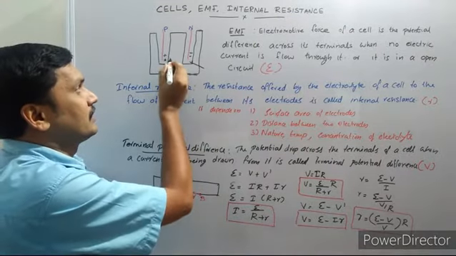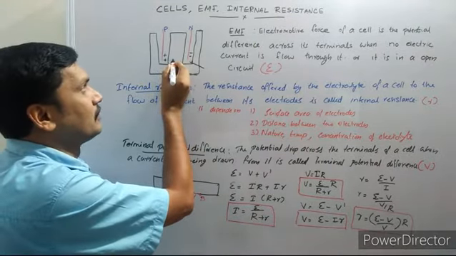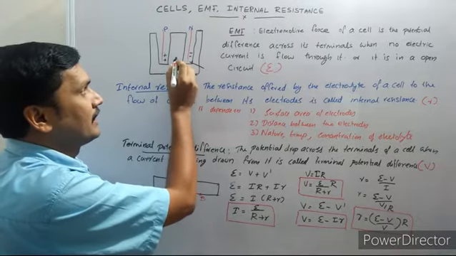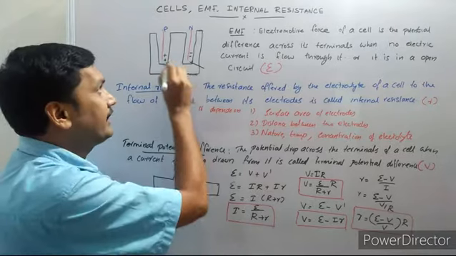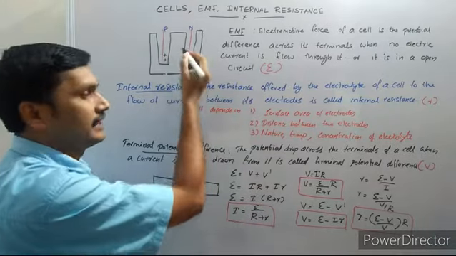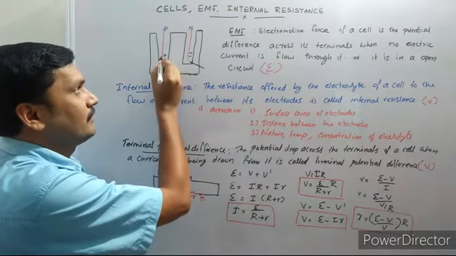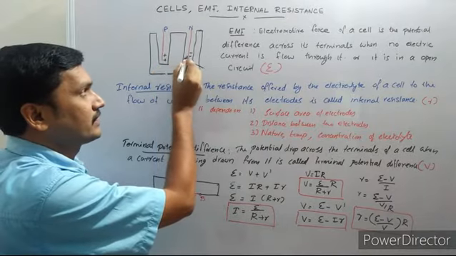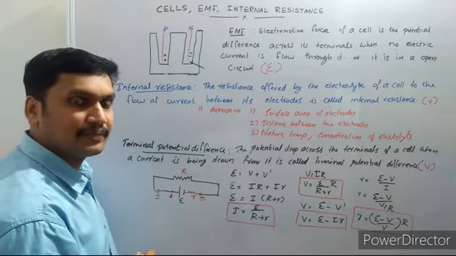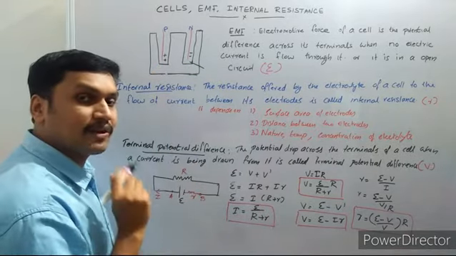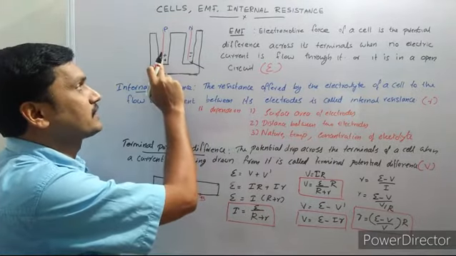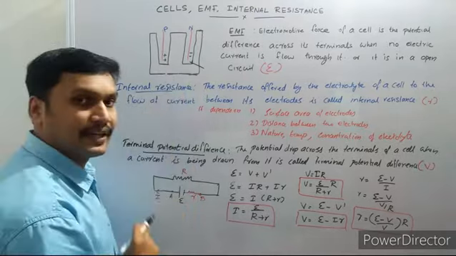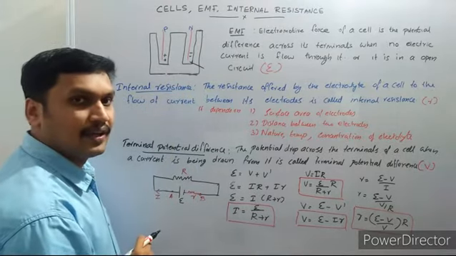That is, some positive charges are moving towards this P and negative charges are moving towards the N, and they accumulate at P and N. This terminal we call the positive terminal and this we call the negative terminal. This process will continue until the electrostatic repulsive force balances this natural unknown force.